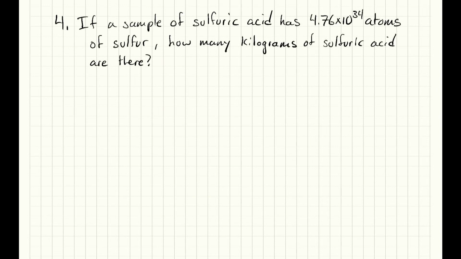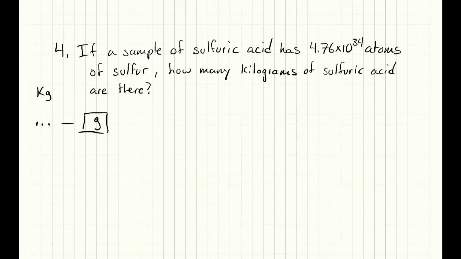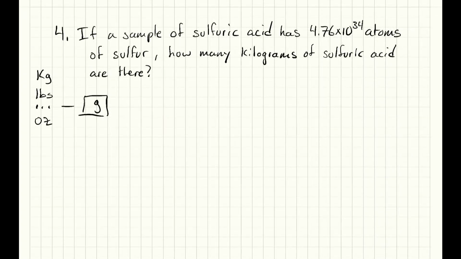We always go from grams. If we have grams, or really, any other unit like kilograms, we just use kilograms or grams, but if we have any other unit of mass, so we have pounds, if we had ounces, if we have milligrams, we always go from those mass units.